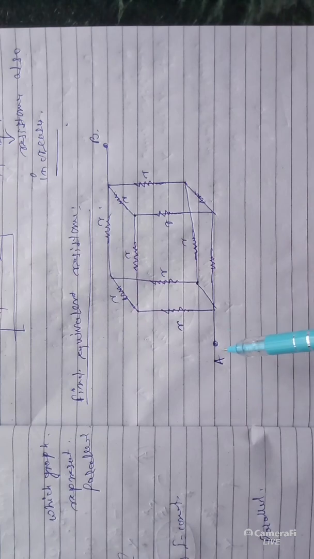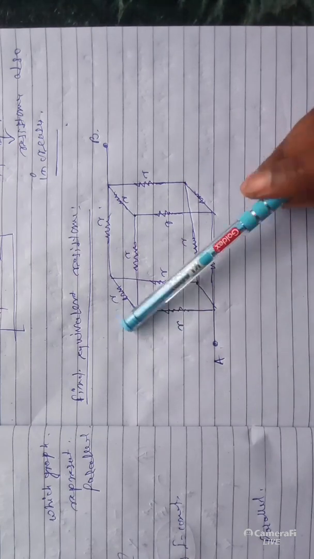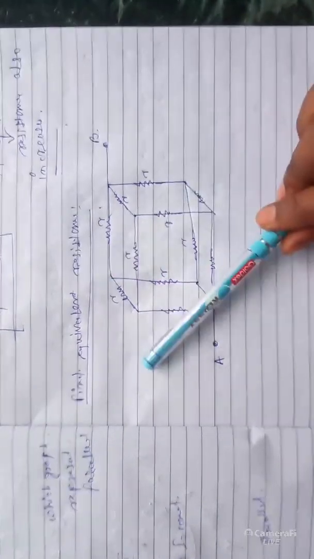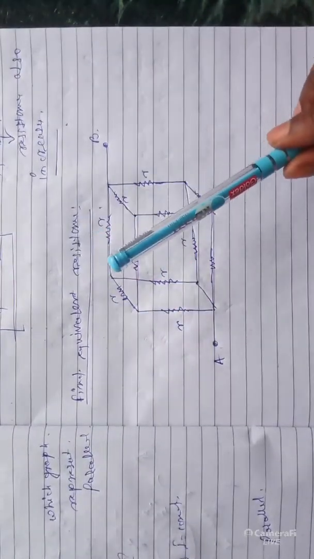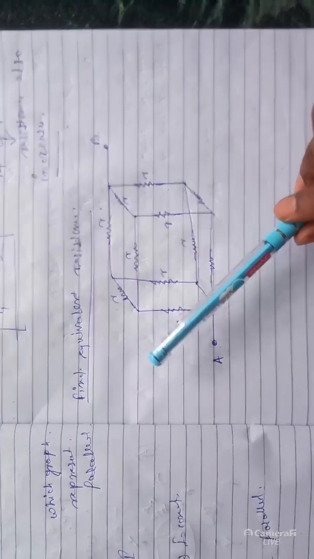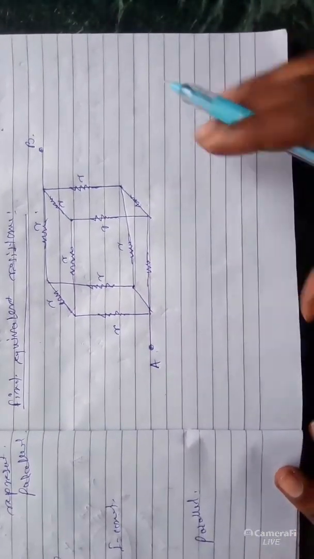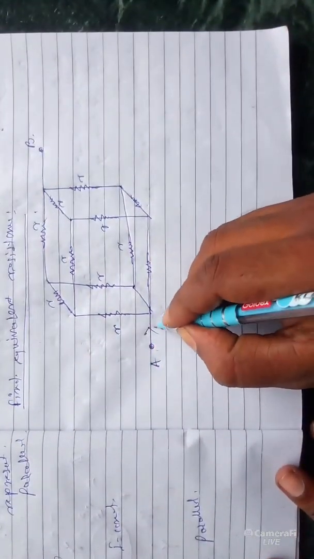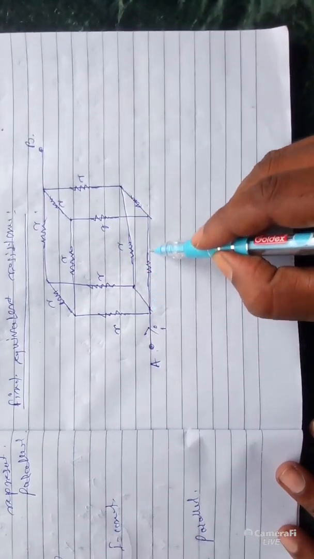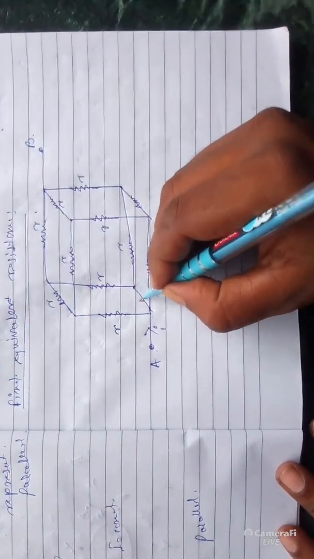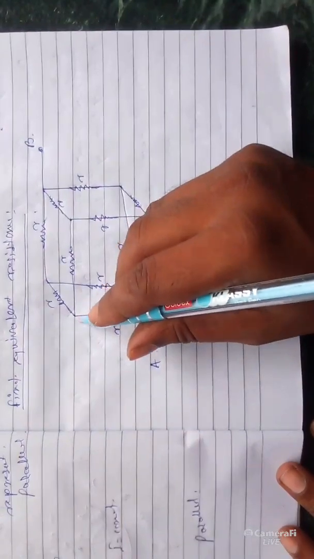If we consider from point A and point B, there is symmetry. If we cut this in between A and B, you have to imagine that one side is the mirror image of the other side. Notice here, if current flows through this branch and through this branch, it is the same.